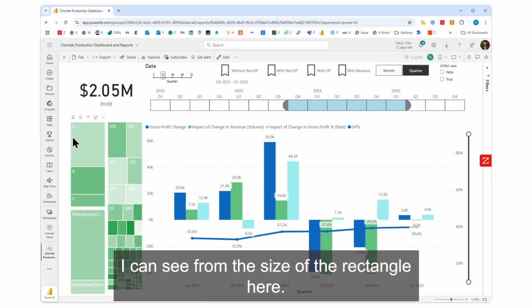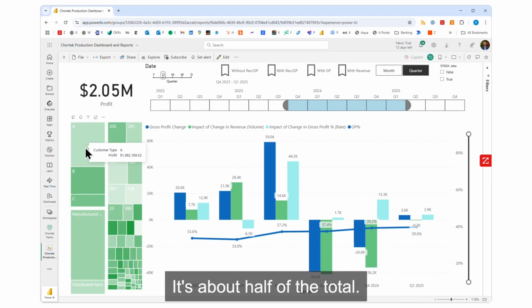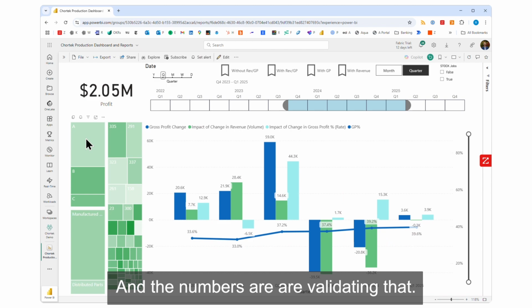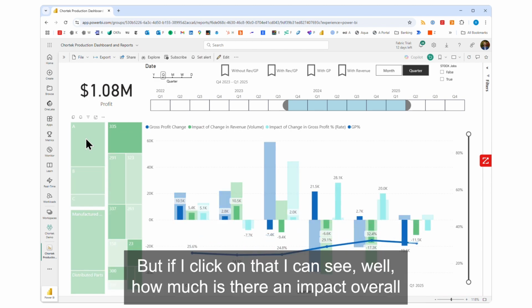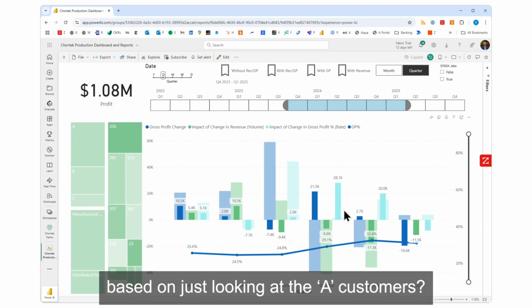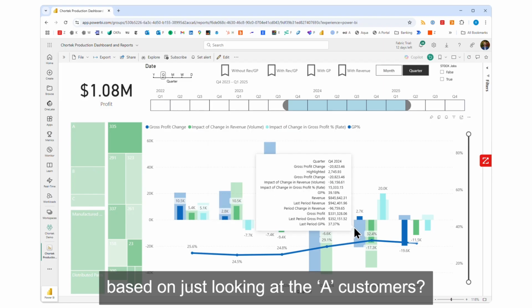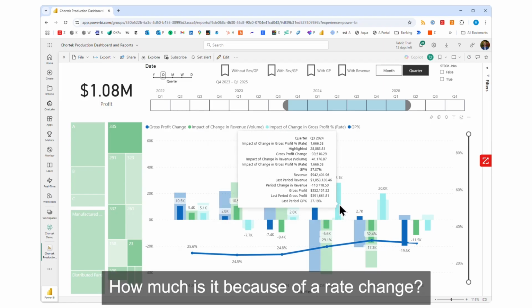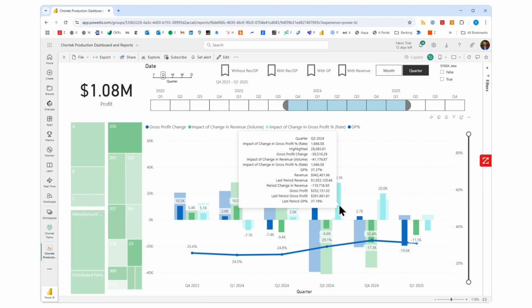I can see from the size of the rectangle here, it's about half of the total, and the numbers are validating that. But if I click on that, I can see how much of an impact there is overall for the business and the change in gross profit based on just looking at the A customers. And again, how much is it because of volume? How much is it because of a rate change?